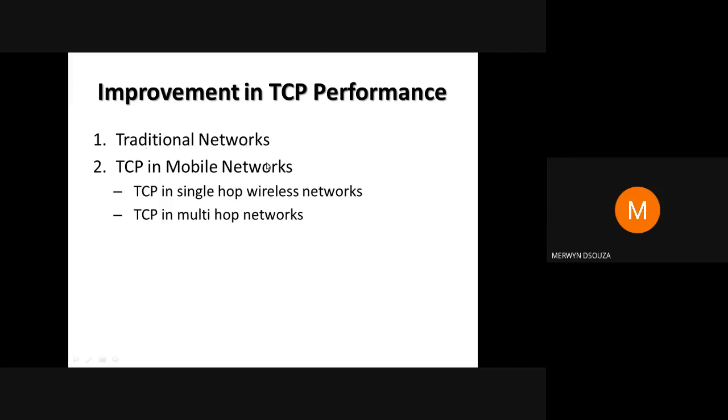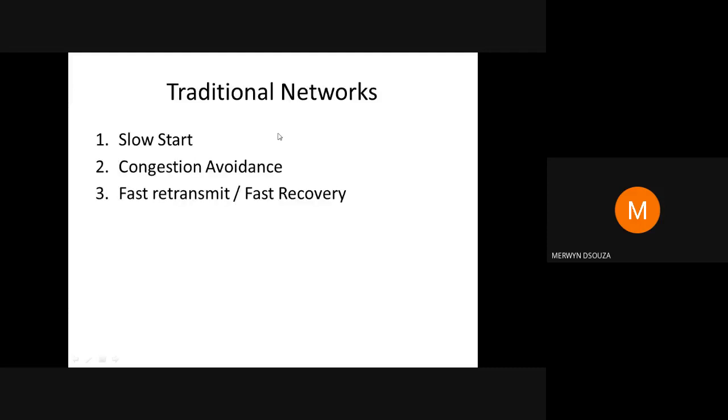Then we'll see how TCP can be improved in mobile networks, so that TCP will function properly in wireless networks. In traditional networks, these are the three things we'll look at to recover from congestion, or if packets are lost, what to do.